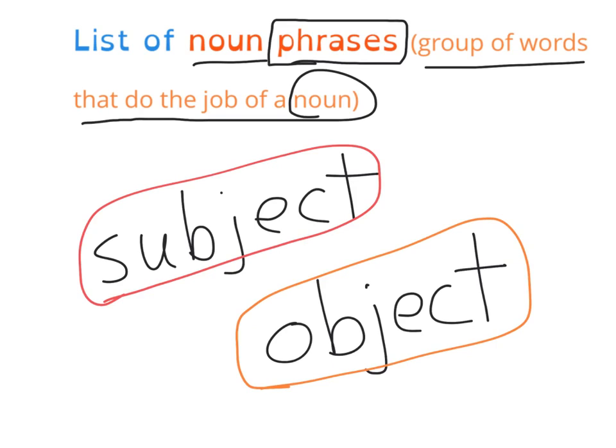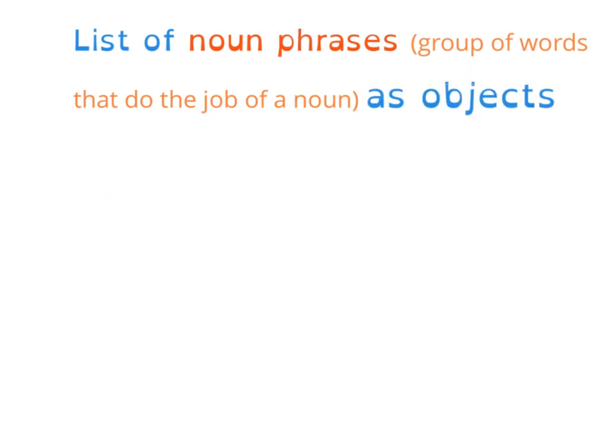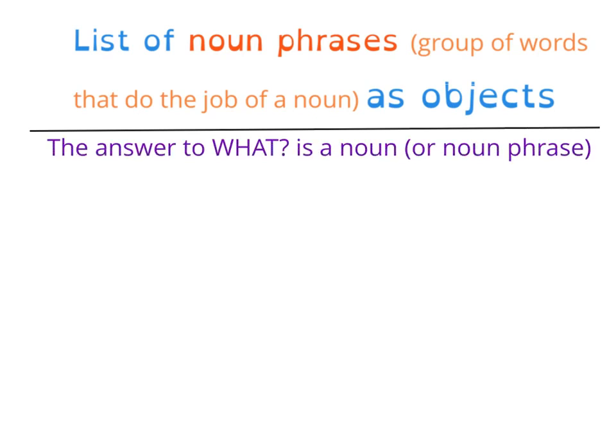But those words are doing the one job of an object or the one job of a subject. On this slide, I am only going to be talking about the noun phrases that do the job of an object. We can remember that an object answers the question, what? When we say what, the answer to that is going to be a noun, which is one word, or a noun phrase, which is more than one word doing the job of a noun.